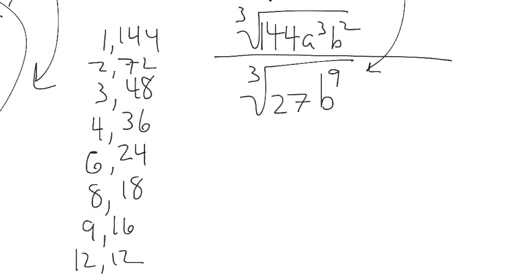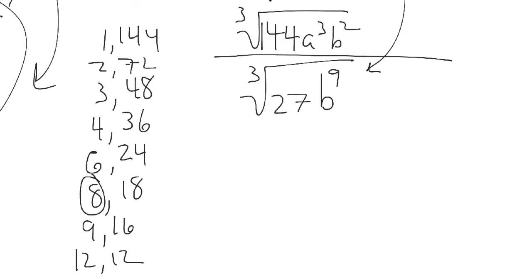I took some time just to write them all out. Let's find the largest perfect cube we can. Yeah, oh, here's one. 8. Perfect cube. Any others? Any larger ones? Nope, that's the largest perfect cube factor of 144.